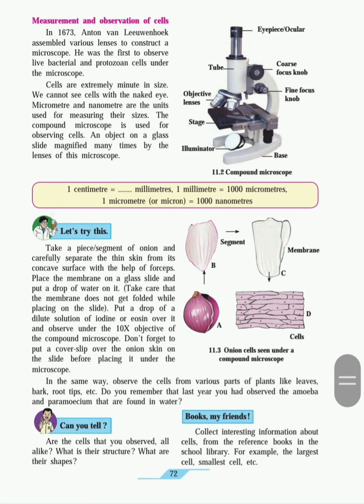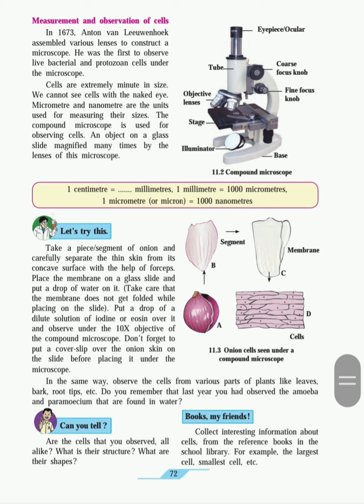In figure 11.2 you can see a compound microscope. Measurement and observation of cells. In 1673, Anton van Leeuwenhoek assembled various lenses to construct a microscope. He was the first to observe live bacterial and protozoan cells under the microscope.